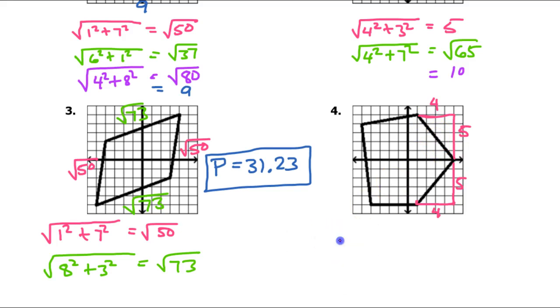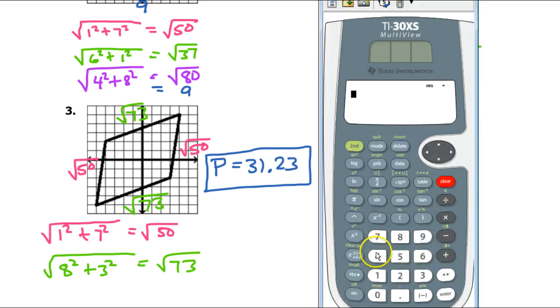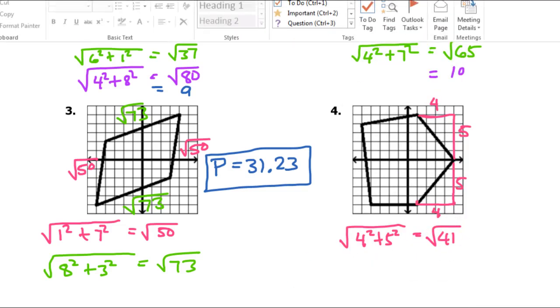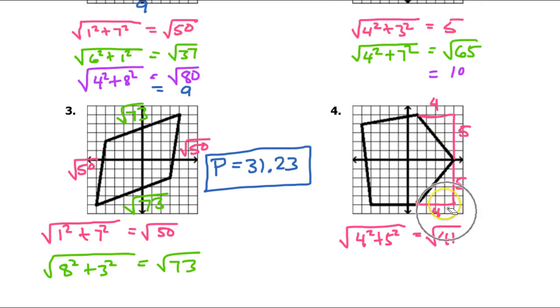The actual calculation would be the square root of 4 squared plus 5 squared. So that's 41. So this is going to be the square root of 41. That gives me both of these.